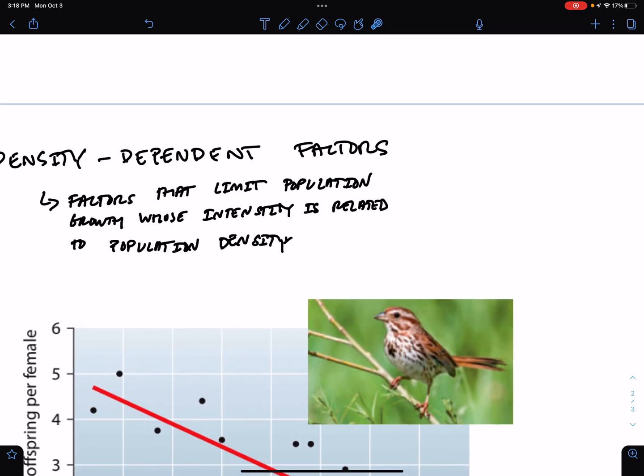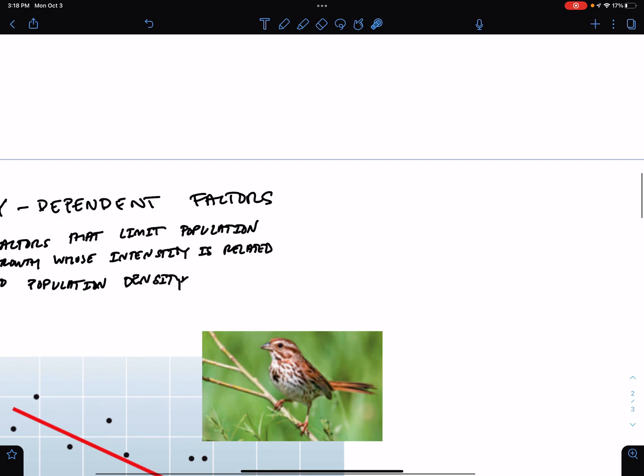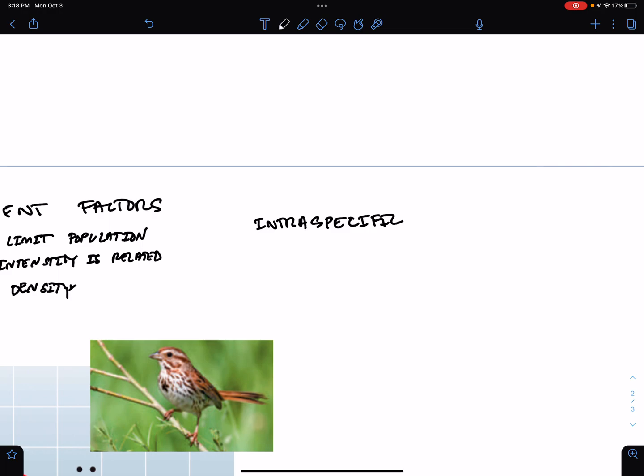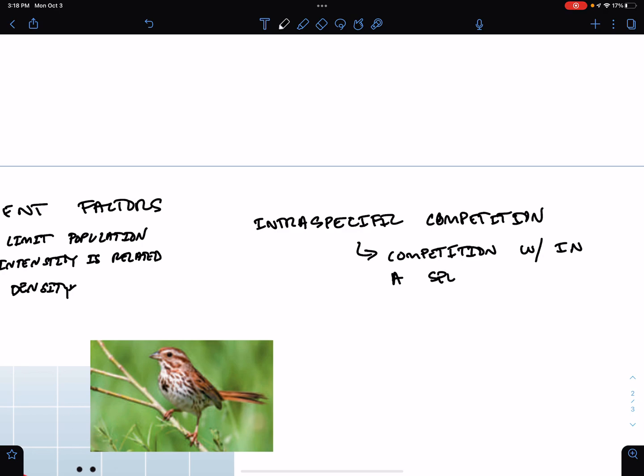So this would be an example of intraspecific competition. This is competition within a species.